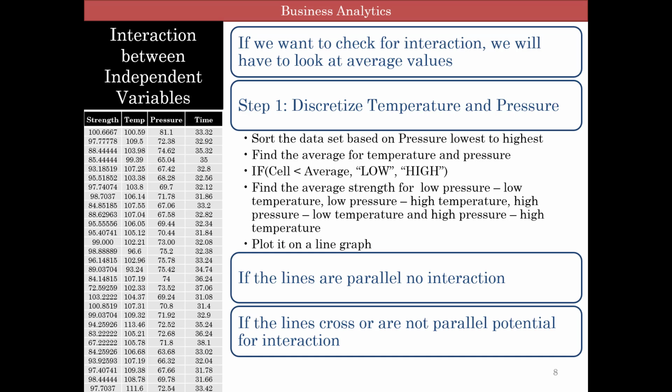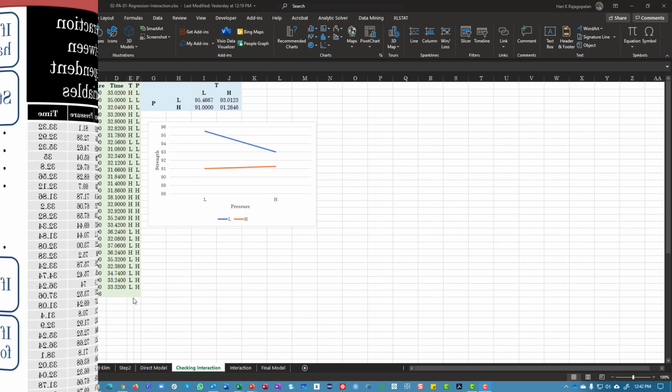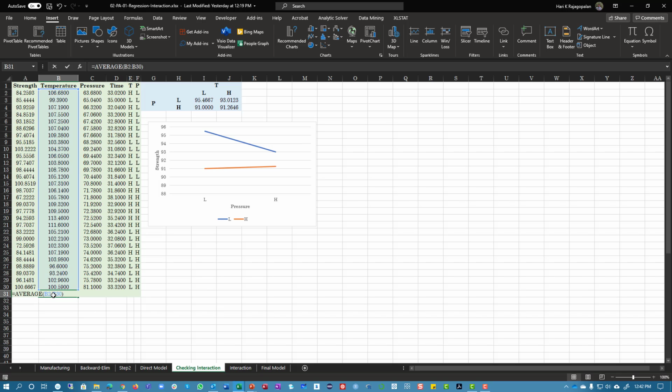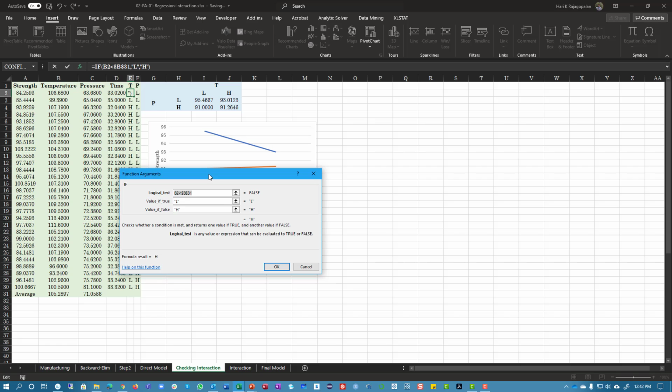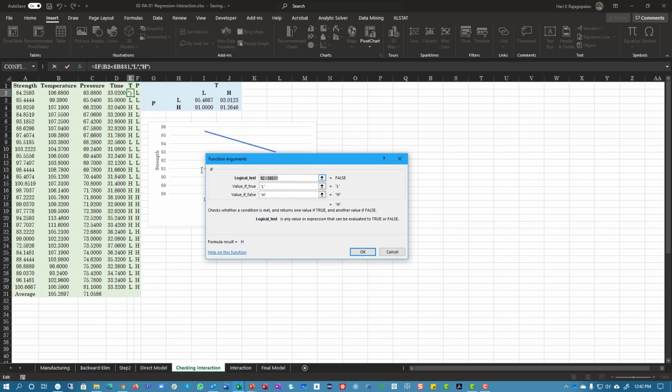So let's go to Excel and take a look at this. As I said earlier, the first step is to get the average temperature and average pressure, and then you can create a function here which says if B2, which is this value, is less than the average, then it's L, low temperature, otherwise it's H, high temperature.